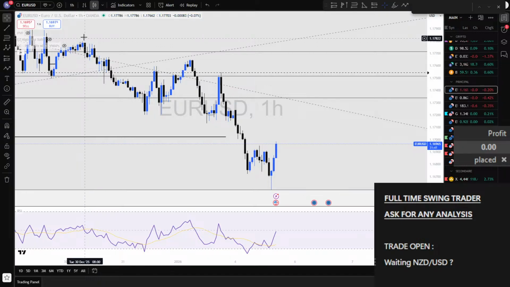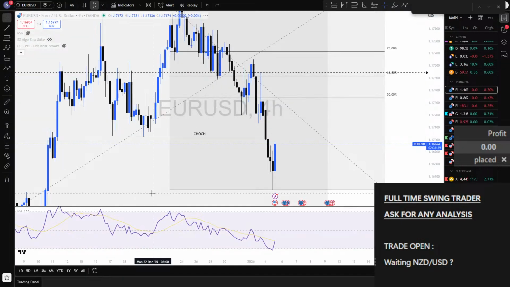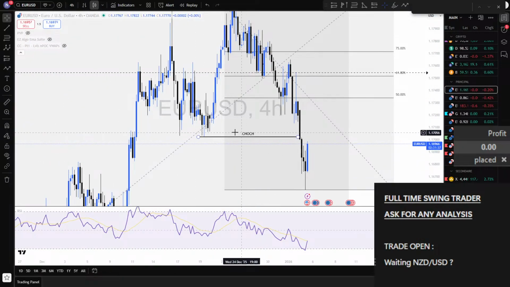Euro USD. So the plan now that he changes market structure, leaves a void, then pulls back on USD CAD. Yeah, basically.